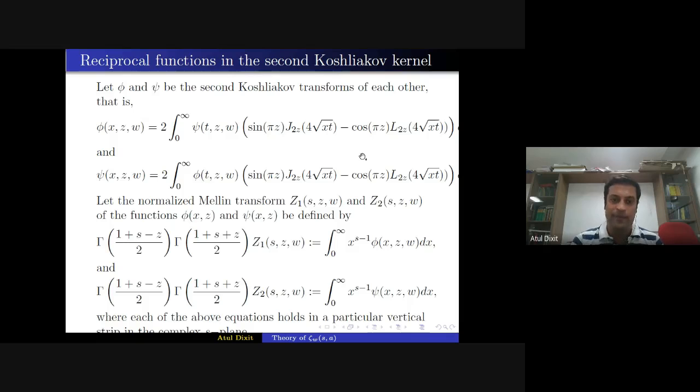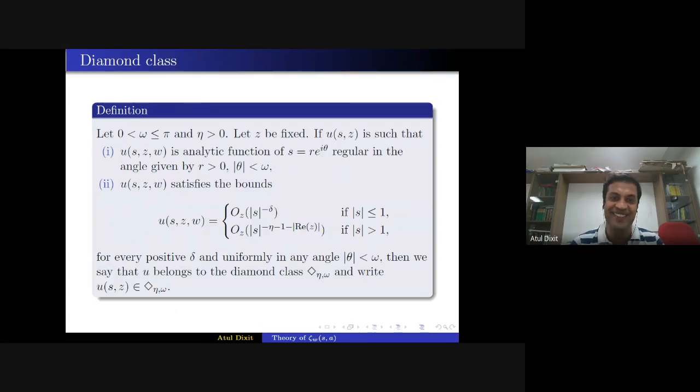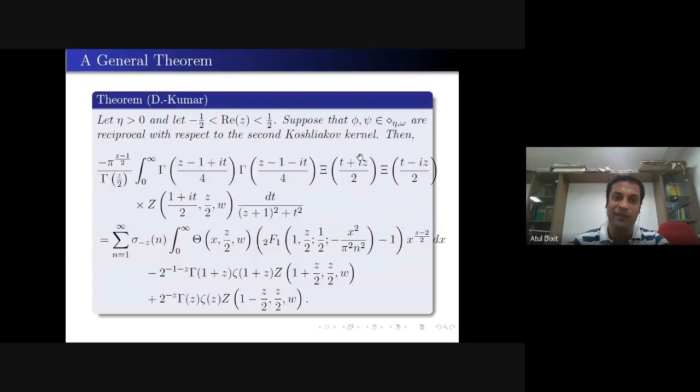And okay, let me skip this. Let me just show that this is one general result that one needs to first obtain. As you can see, this was the integral which occurred there, but this z was delta 2. Now this z is in terms of certain Mellin transforms, and one gets this particular representation for it.